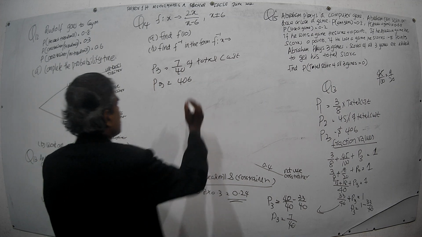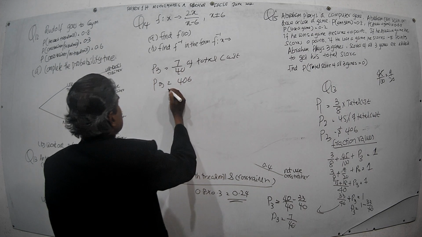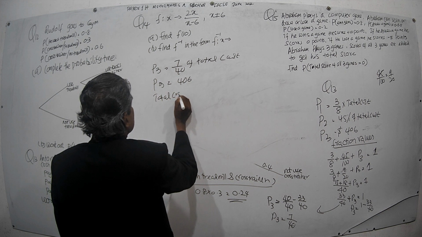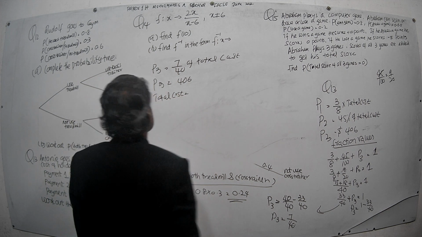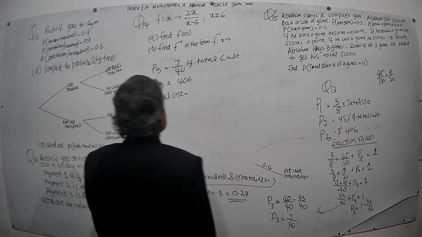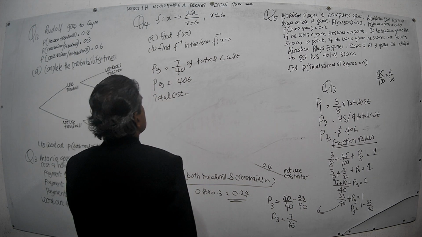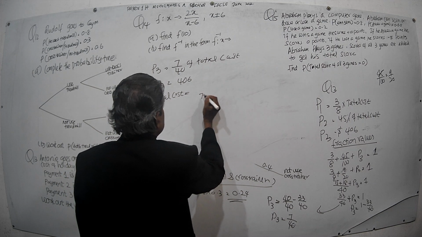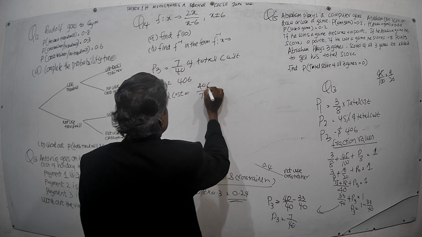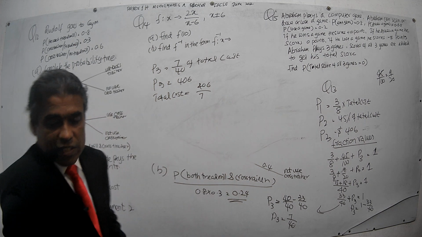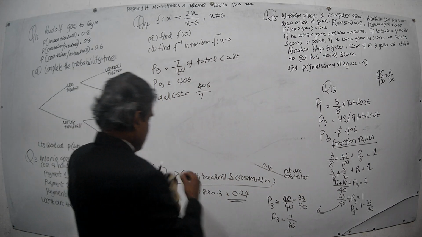What is the total cost? How do you find it? You find it like this. And total cost equals like this. If 7 means 406. Otherwise, I think I will use that, a very easy method for you.